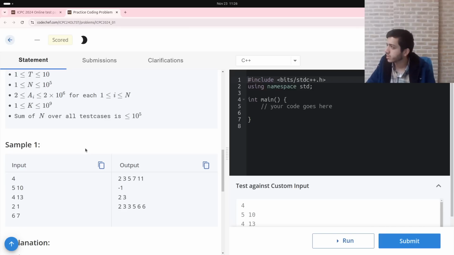Let me think about a special corner case.